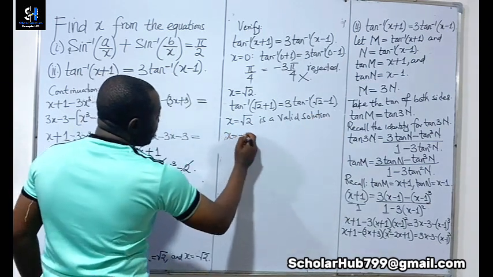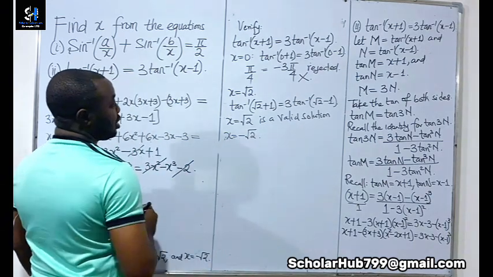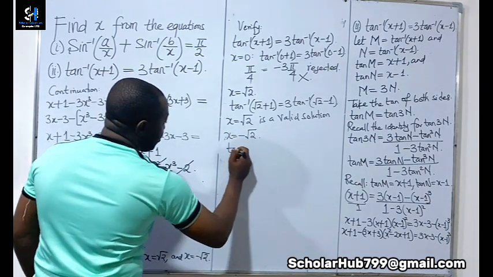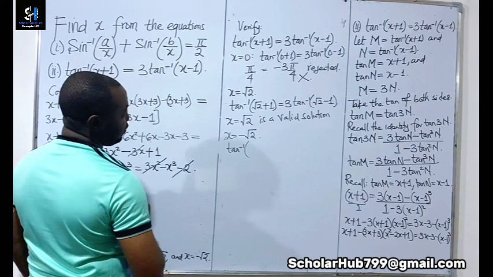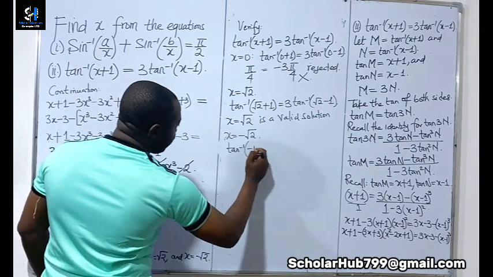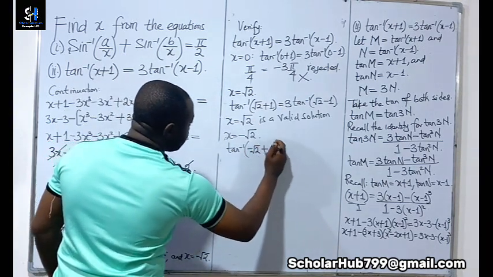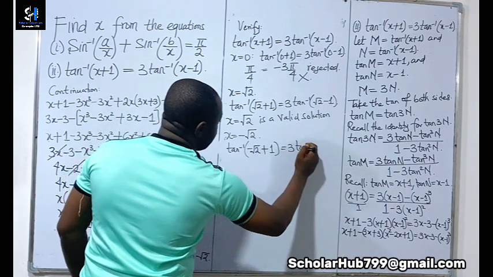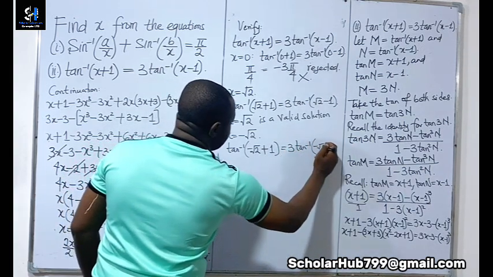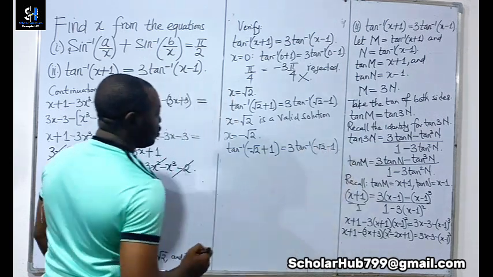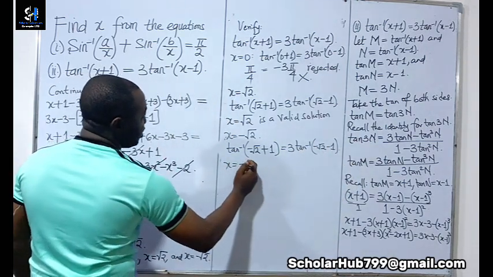Then also when x equals negative root 2, we have inverse tan of negative root 2 plus 1 equals 3 inverse tan of negative root 2 minus 1. Yes, this is also a valid solution.